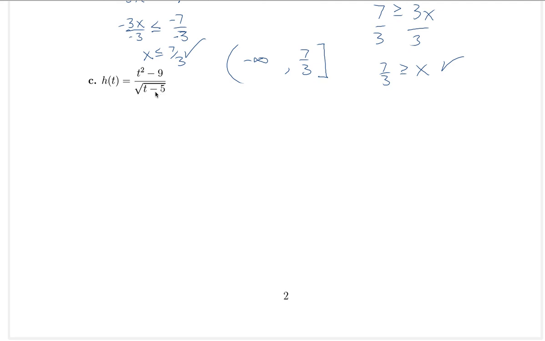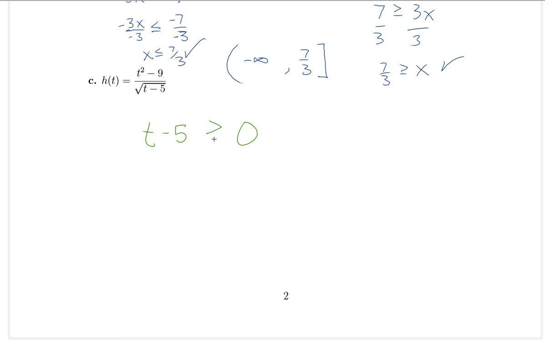Down here, I want to make sure it's positive, and I also don't want this thing to turn into 0, right? So what I would do if I was just looking at the square root piece, I would say I want t minus 5 to be greater than or equal to, I'd put a little line under here, 0, okay?